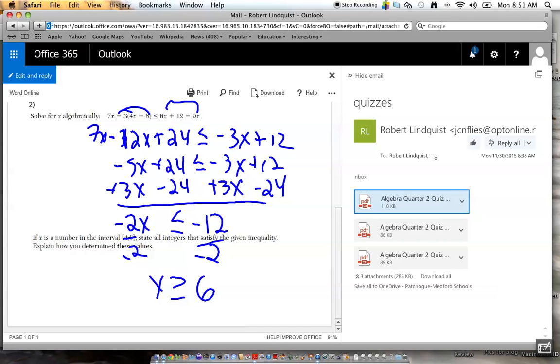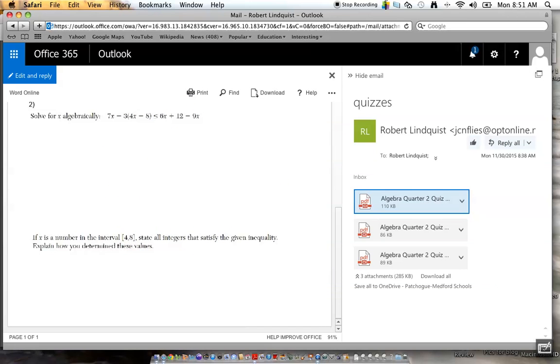Now, remember that the answer is x is greater than or equal to 6. Okay. Here's the thing. x is greater than or equal to 6. And then it gives us this interval. And this is the question that really cost people hundreds. Or 90s.